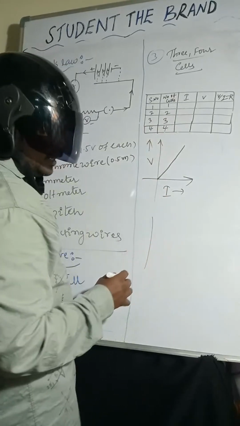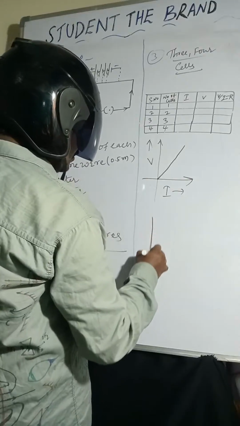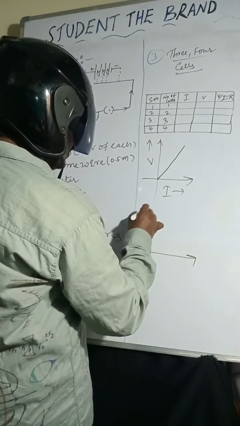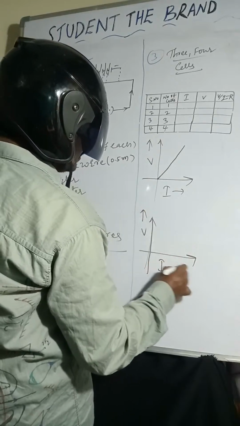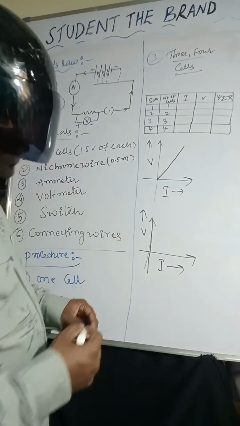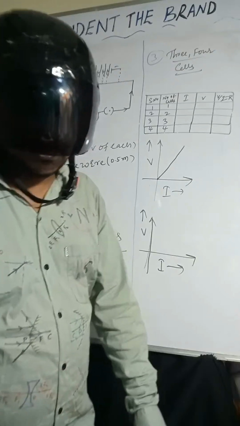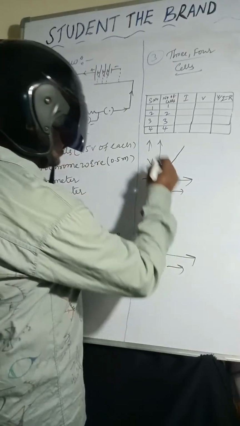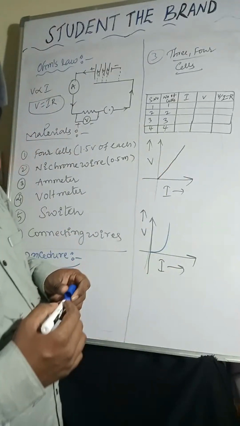If you draw the graph with V on the y axis and I on the x axis, the graph is curved for non-ohmic conductors.